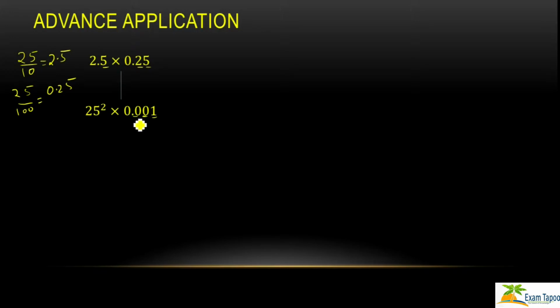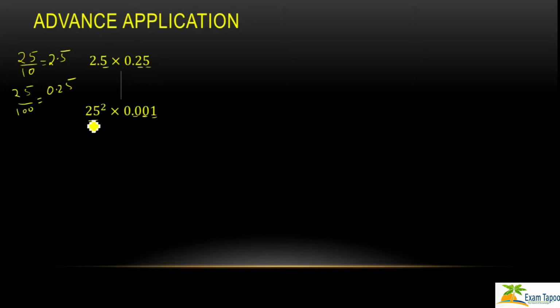Now to calculate this expression, I have the square of 25. Instead of multiplying 2.5 and 0.25, I take the square of 25 and simply put the decimals afterward. So how do we calculate this number?